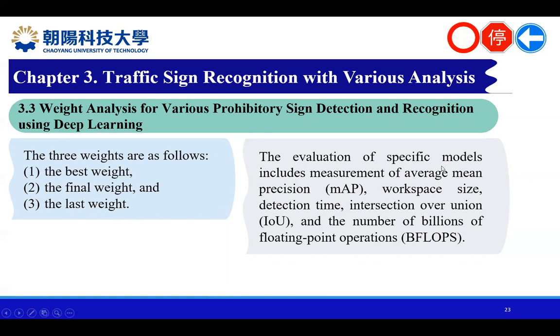The evaluation of specific models includes measurement of mean average precision, mAP, workspace size, detection time, intersection over union, and the number of billion floating point operations, or BFLOPs.